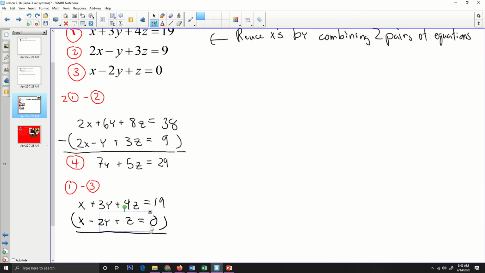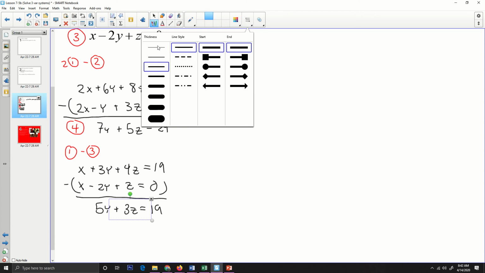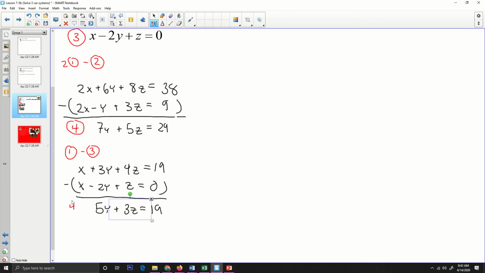Remember, we are subtracting this. x minus x is 0. 3y minus negative 2y is like plus positive, so I have 5y. 4z minus z is positive 3z. 19 minus 0 is 19. And that is going to be equation number 5.